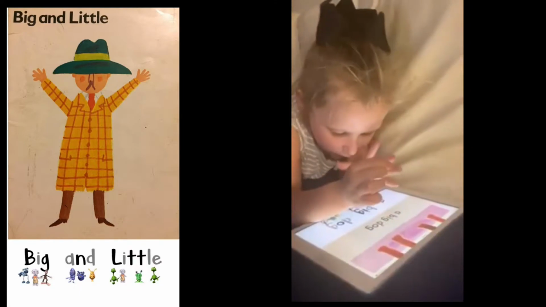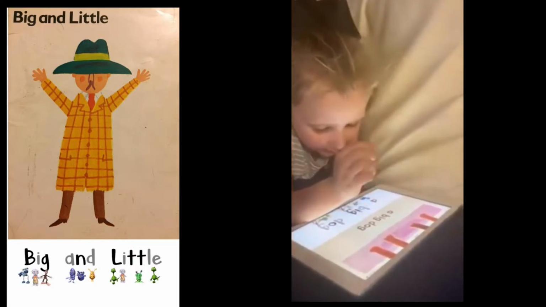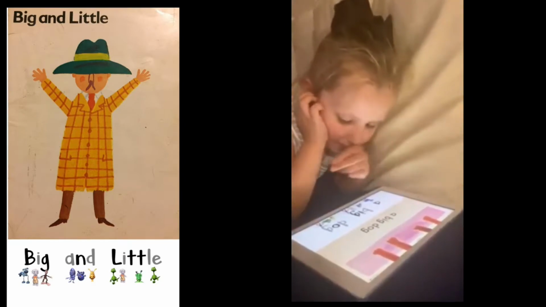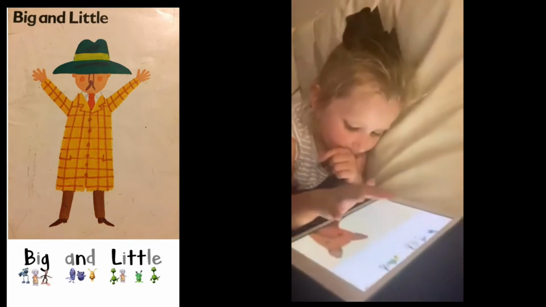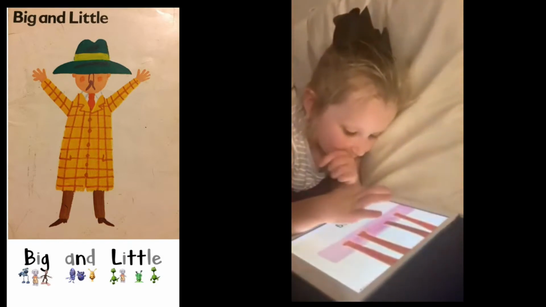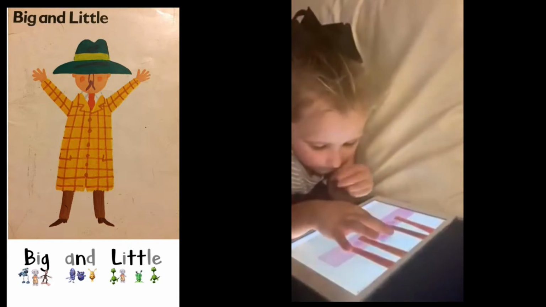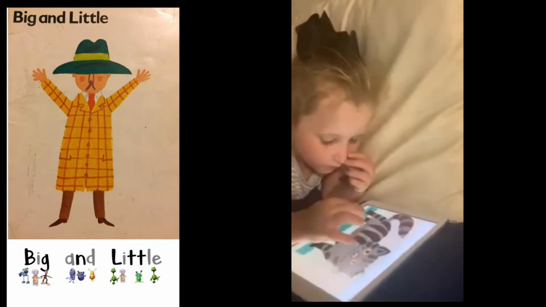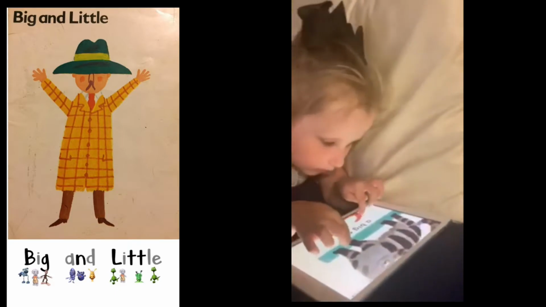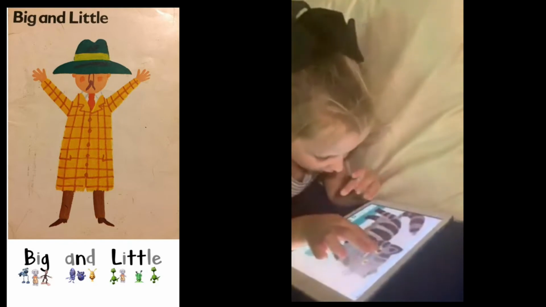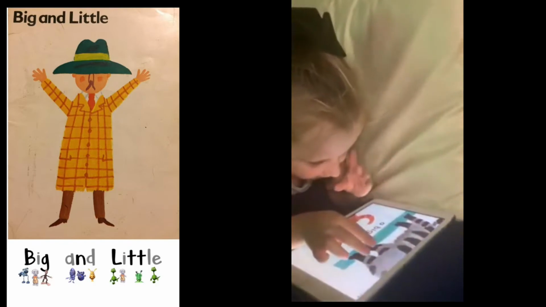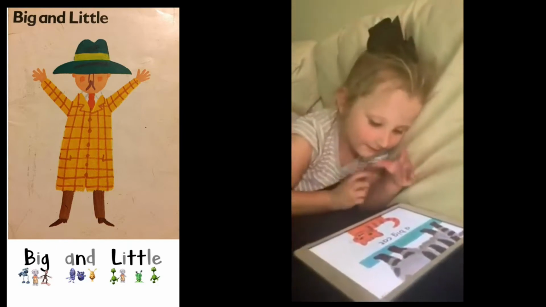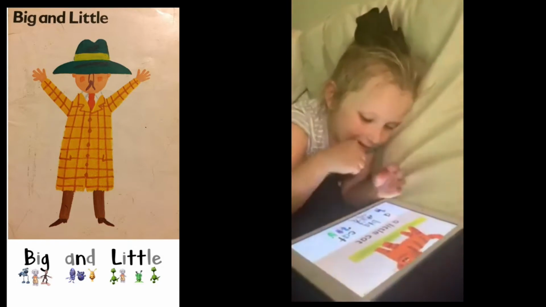Big dog. A big dog. A big cat. A little cat.